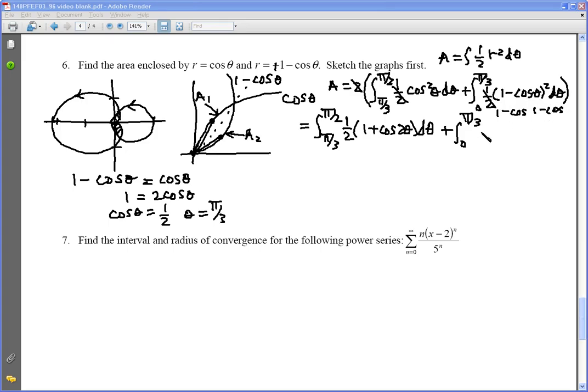So first terms are going to be 1. Outer terms minus cosine, inner terms minus cosine, so minus 2 cosine theta. And last terms plus cosine squared. And this is d theta.